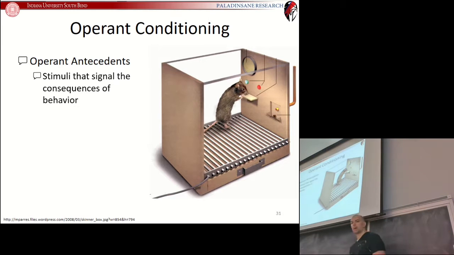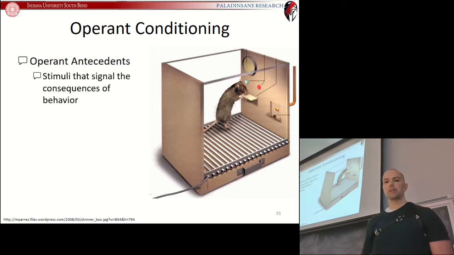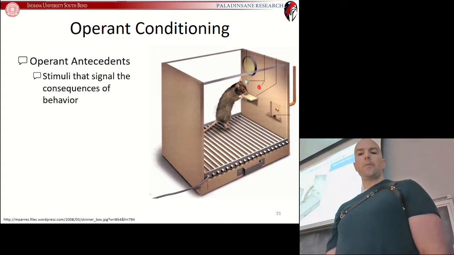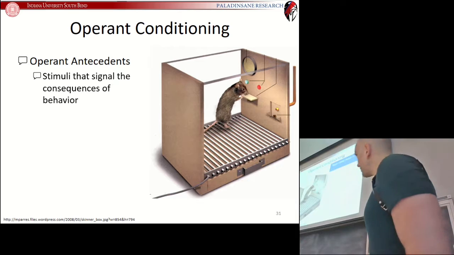The easiest popular example of an operant antecedent in our daily lives is traffic signals, right? A red light indicates that there's going to be a certain consequence to the behavior of proceeding through the intersection. A green light indicates that there's going to be a different consequence to the behavior of proceeding through the intersection. So operant antecedents are those stimuli that let us know when certain consequences are in effect.